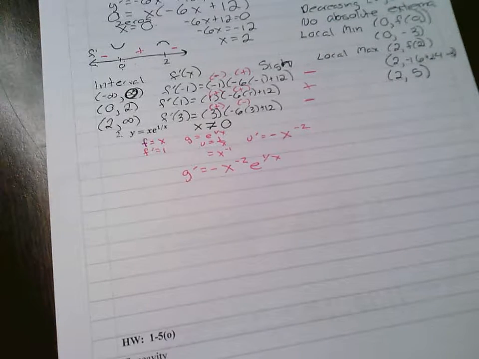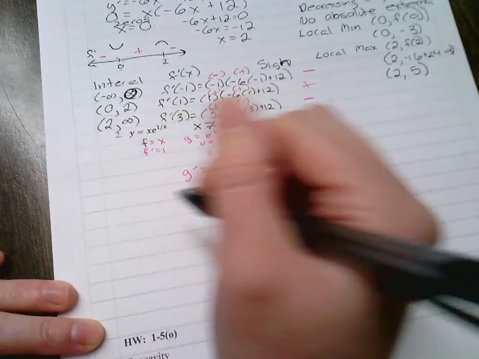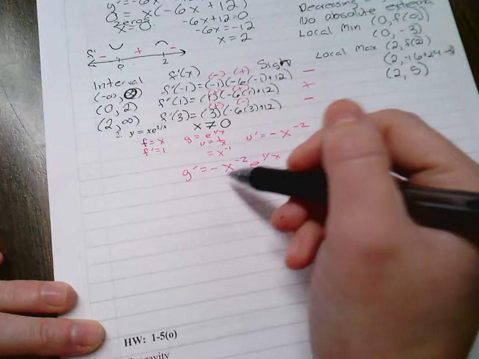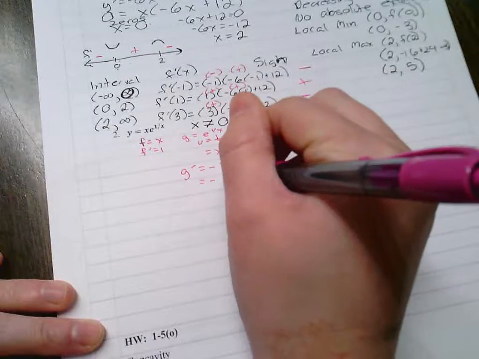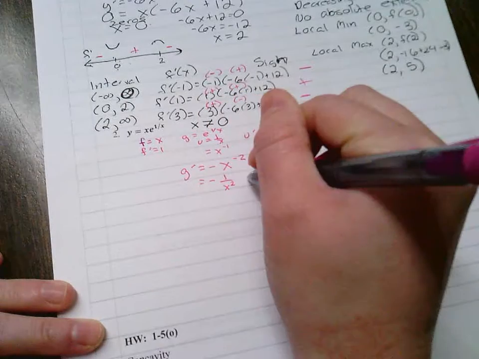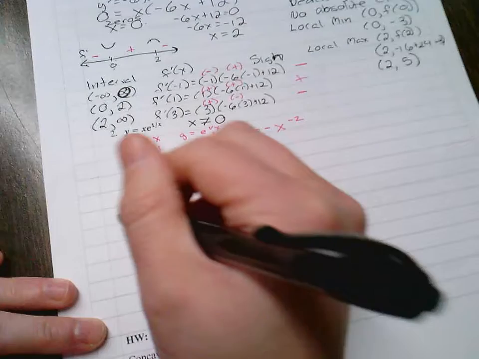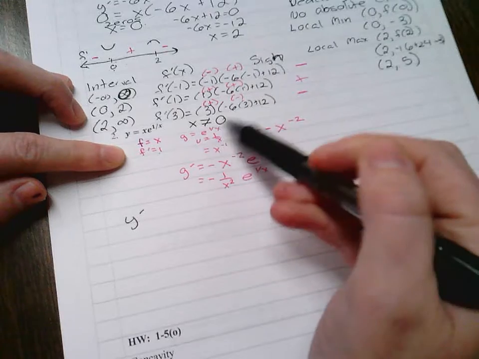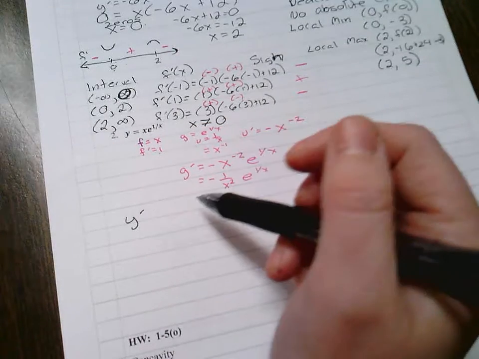Okay. Now we're going to do the product rule. Y prime, if you want to, you could do negative 1 over x squared. It might actually help out because I think something's going to cancel out, so I'm going to go ahead and make that negative 1 over x squared. So y prime is f prime times g. Some books do it backwards. I just like to do it this way so you don't get the quotient rule mixed up when you get there.